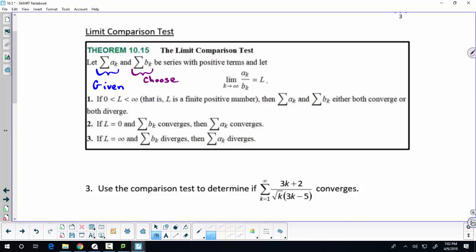Okay, if it's this scenario, A grows faster, but in this conclusion, B sub k diverges. So this is saying that A grows faster than a divergent series. Does that make sense that it diverges then? And if they grow at comparable rates, and B sub k converges, then A sub k is comparable to B, so it converges. If B sub k diverges, then A is still comparable to that, which makes it diverge.